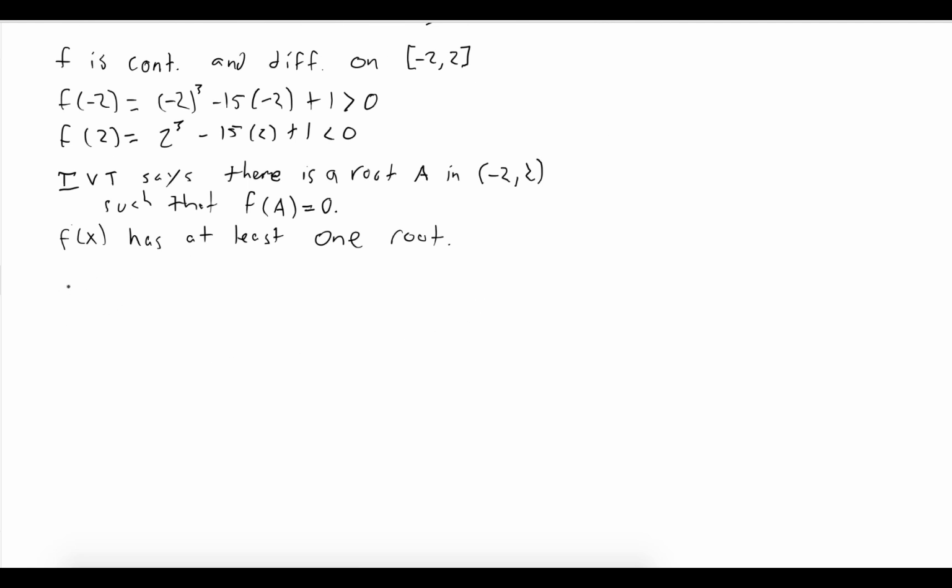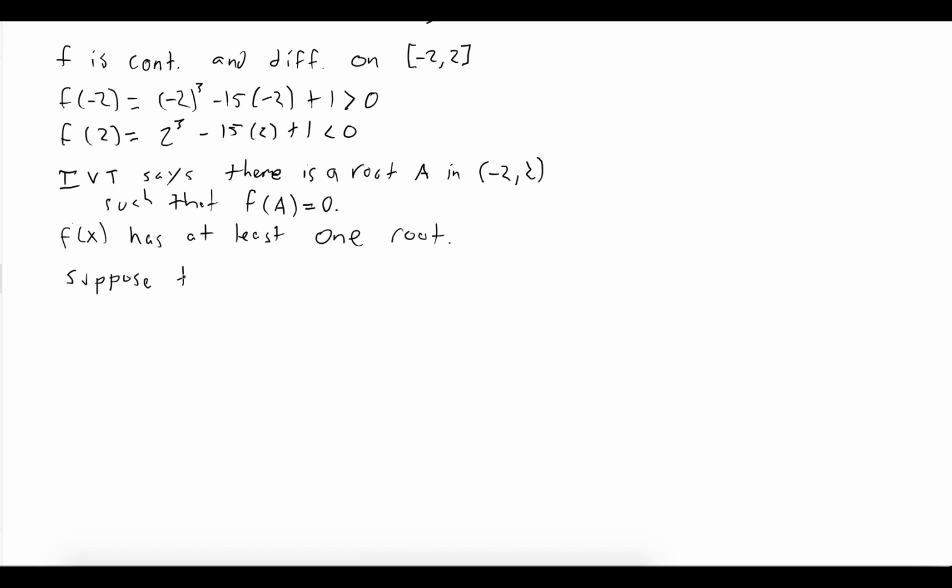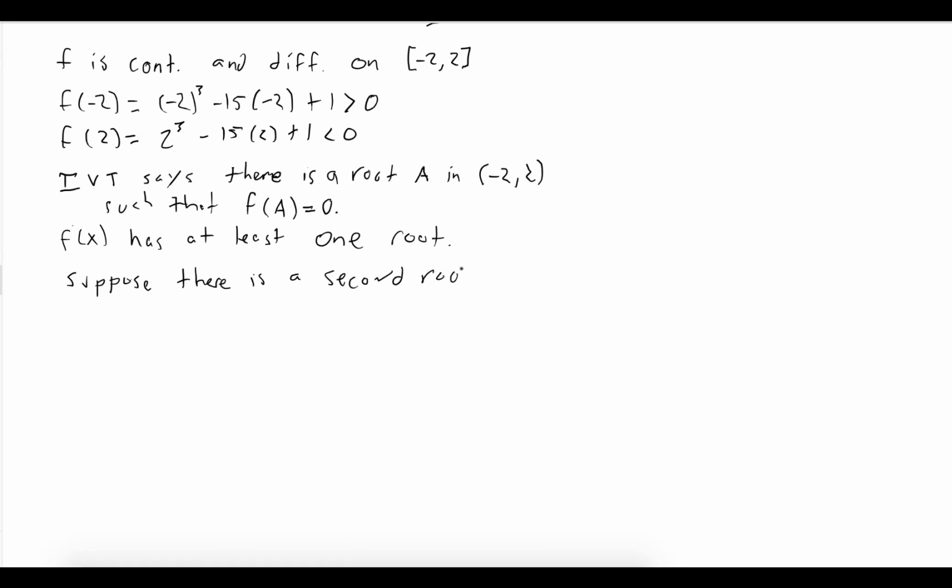Okay, so now we'll suppose that there is a second root, which we'll call b, in the interval -2 to 2. Okay, so this means f of b equals 0.